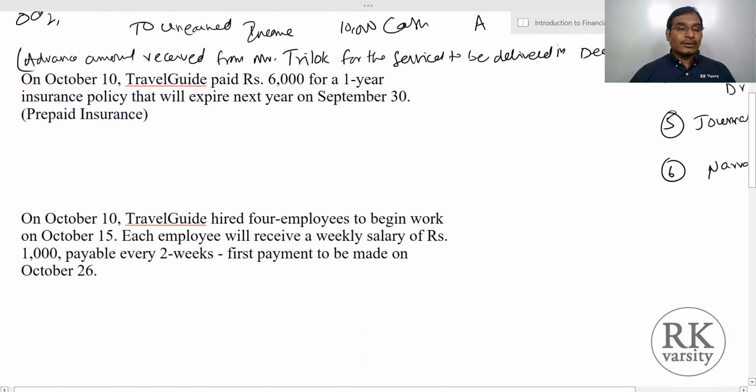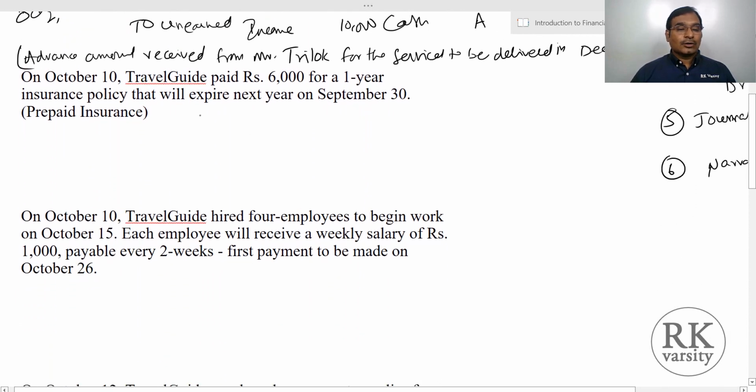Now coming to the next. On October 10, travel guide paid rupees 6,000 for a 1 year insurance policy that will expire next year on September 30. So here you have two things. One is you paid in the form of cash. Then you prepaid the expenditure, in the sense that before incurring that expenditure, you paid it.